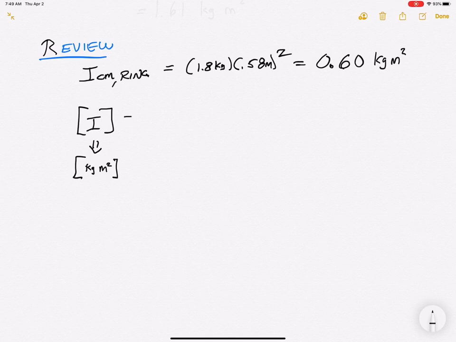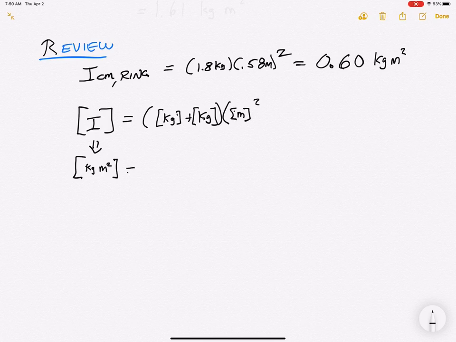But let's take our most complicated version when we had kilograms plus kilograms, and multiplied all of that by meters squared.